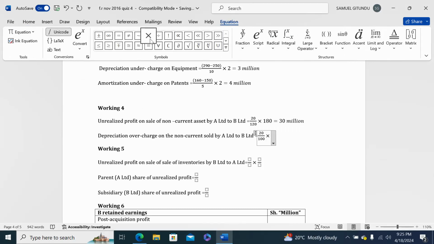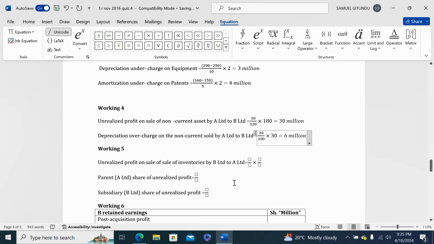So we multiply by 30 million, which we are getting 6 million.